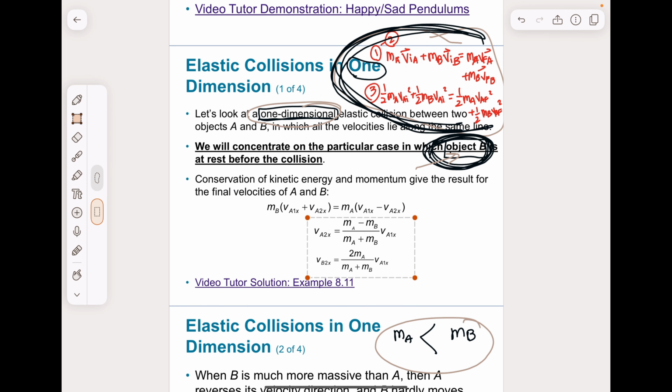These are basically found by solving the conservation of momentum and conservation of kinetic energy equations simultaneously for the case when one of the two objects is at rest. So it's a special use formula: one-dimensional elastic collisions, one object at rest.